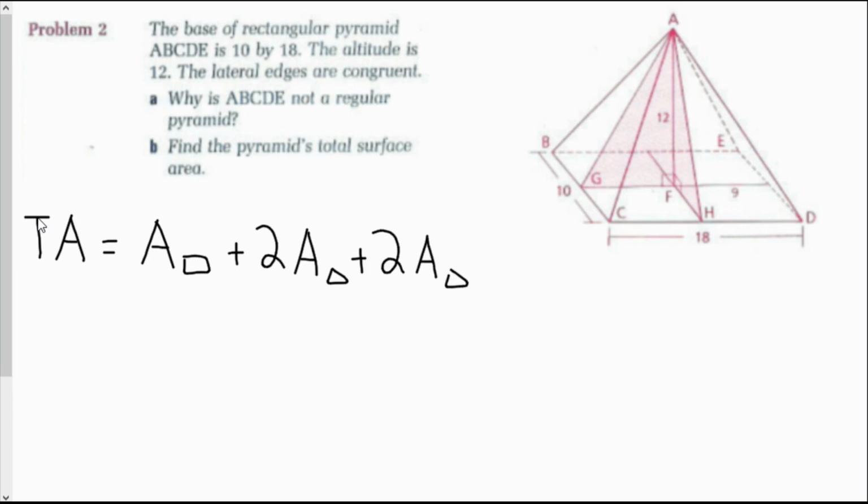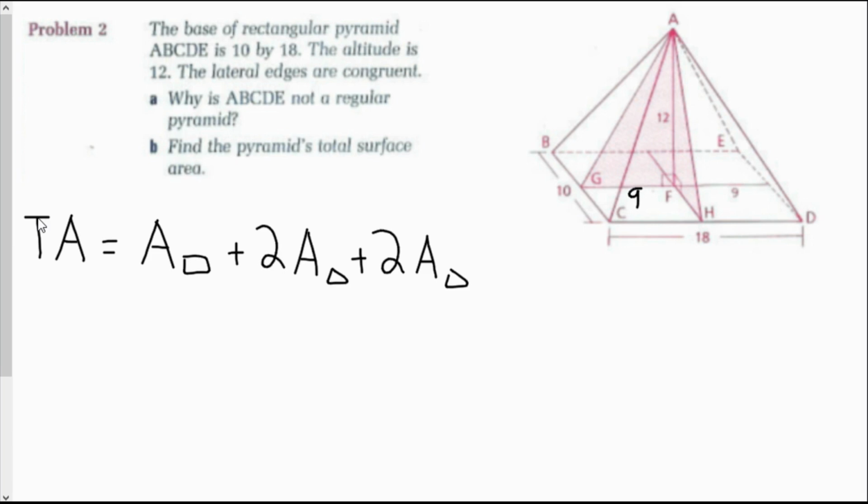Now, in order to find the areas of my triangles, I need their heights. Notice, because of my altitude of 12, I can use the 12 and my side lengths to find my slant heights. So if I look at triangle AGF, it has an altitude of 12, and then GF is a length of 9.